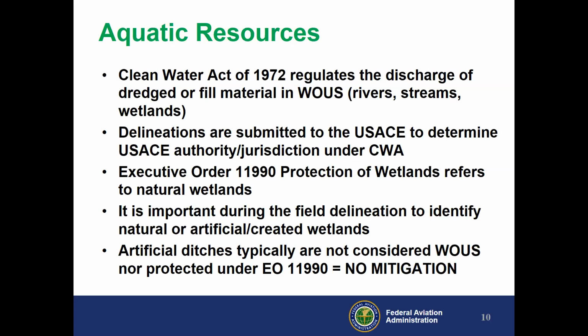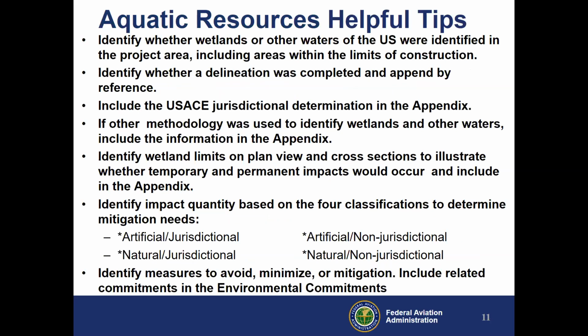Some of the helpful tips, like I said, please identify the limits of construction. Always remember, think of the pieces of equipment, contractor operations, how you're going to access the site. Include that as your footprint so that we identify whether or not we have temporary or permanent impacts. We also want to identify the delineation, include that as appended by reference in the document.